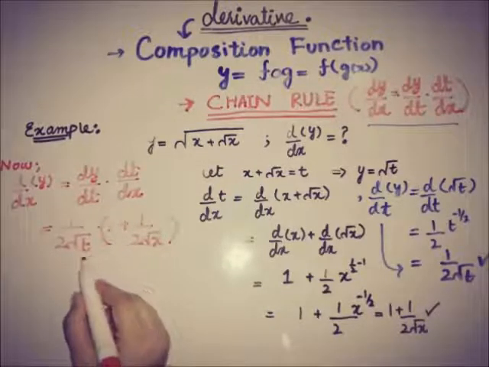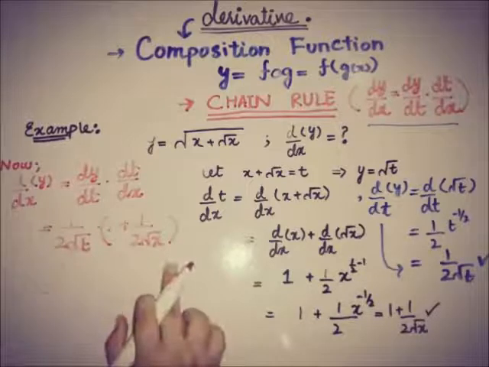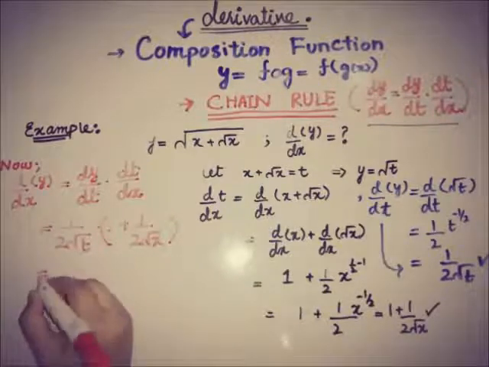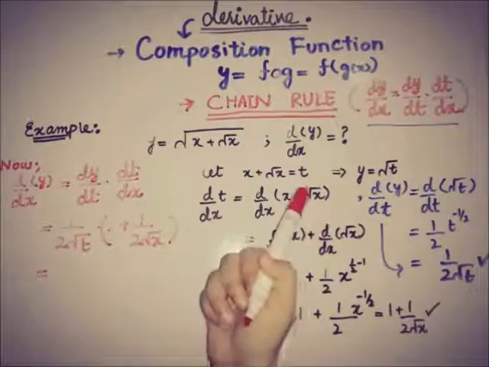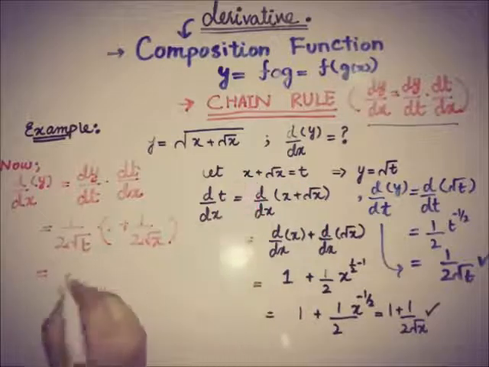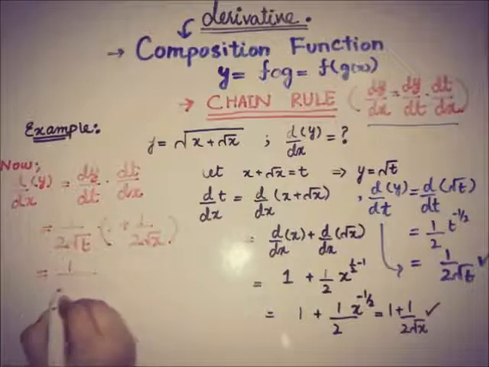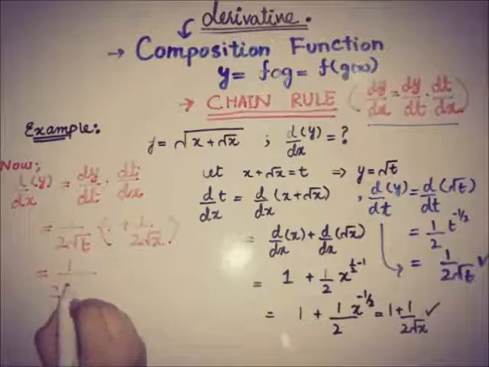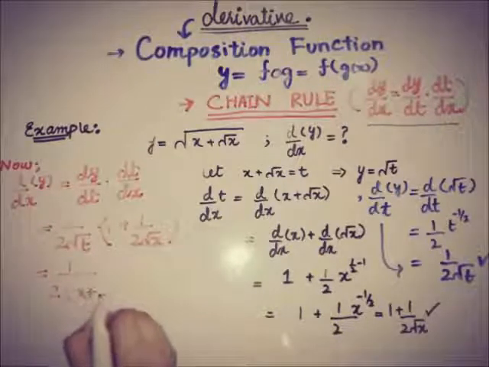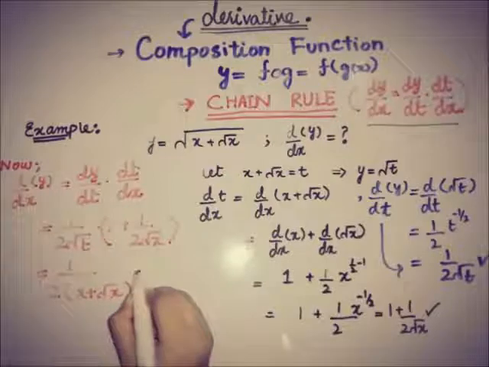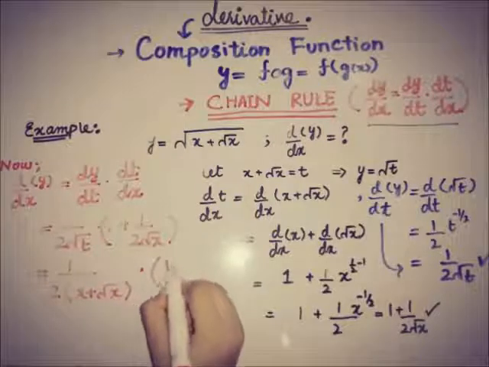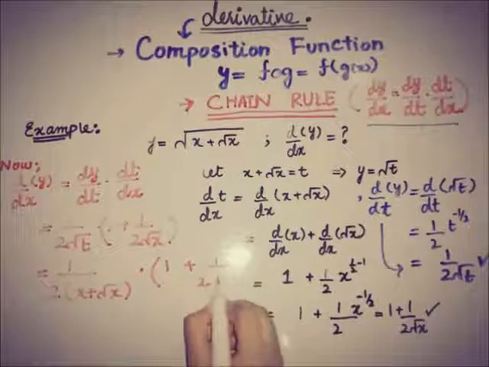As we have to write this whole in x, so putting back the value of t in x, 1 by 2 under root of x plus under root x, into 1 plus 1 by 2 under root x.